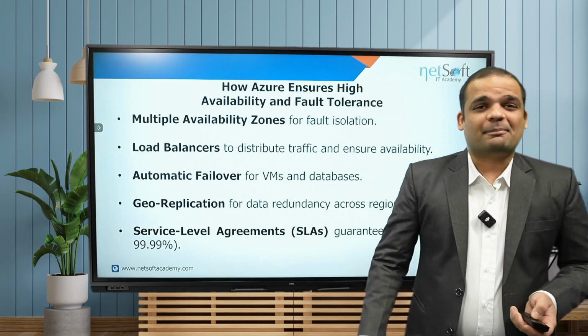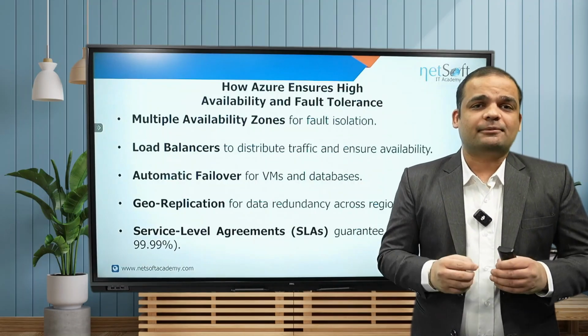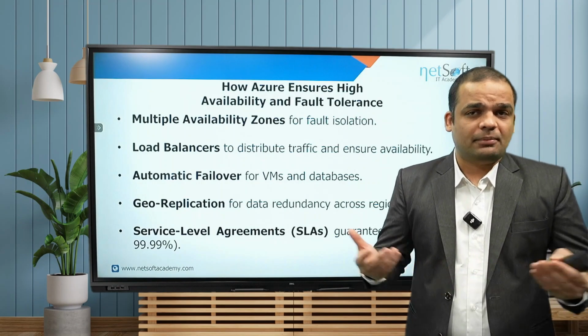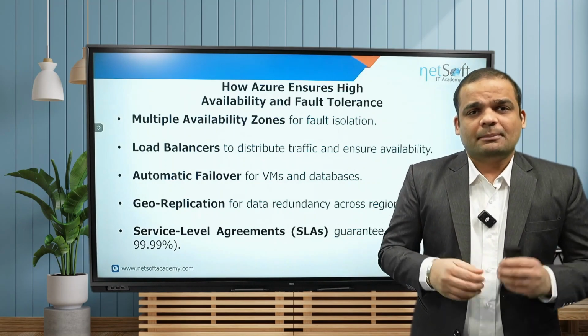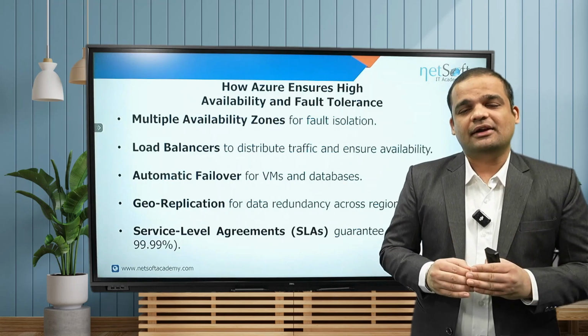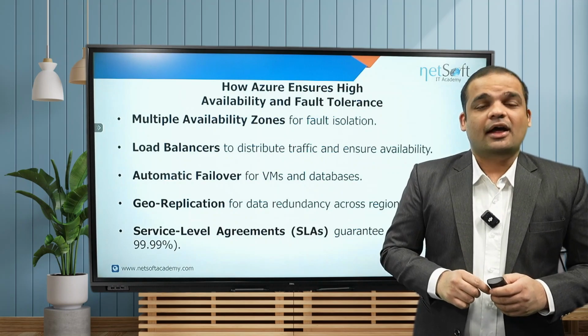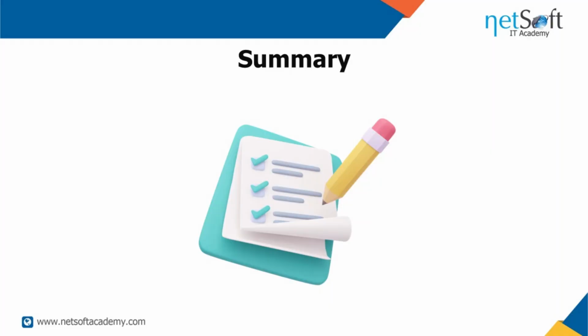The next is the promise, that is SLA, Service Level Agreement. Azure offers SLAs with uptime guarantees of up to 99.9% and sometimes 99.99%, providing peace of mind that services will remain available. Now, let's summarize everything.